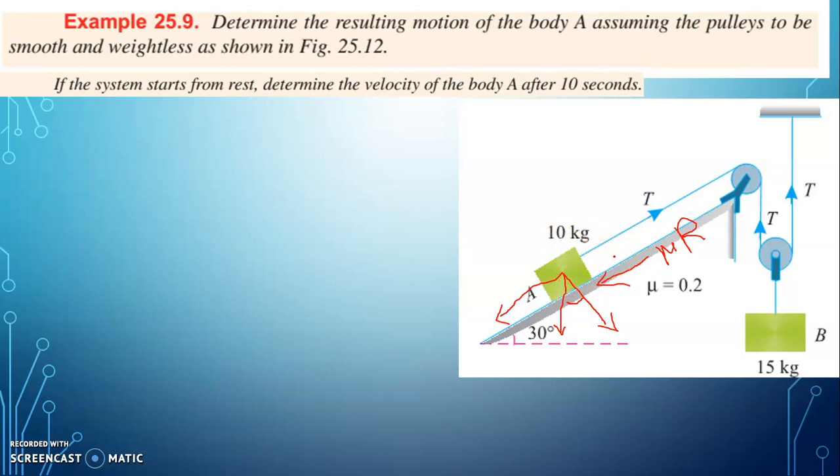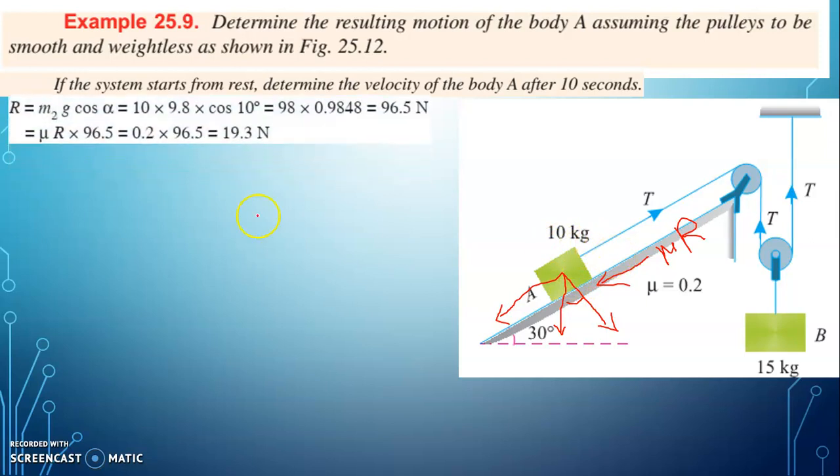So reaction we will be calculating using the equation m2 g cos theta, that is 10 into 9.8 cos 30, equal to 96.5 Newton. Okay, so we will be converting it into frictional force, which is given by mu into reaction, that is mu into 96.5, which will be 19.3 Newton.